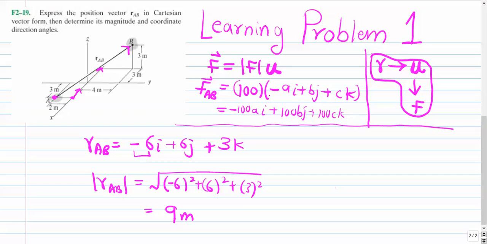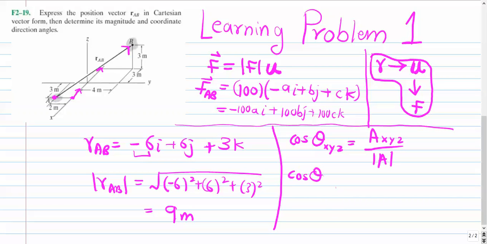Now that we have our magnitude, we can move on to find the coordinate direction angles. To find the coordinate direction angles, we would use the same formula as we used in the previous chapter. That formula is cos theta of any angle from the x, y, or z axis is equal to the component of the vector in x, y, or z direction divided by the magnitude. So let's say we are finding theta x first.